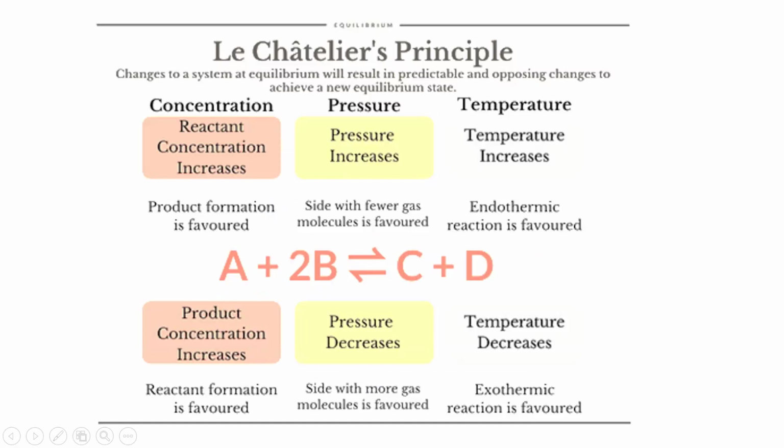In summary, in equilibrium, upon exerting a change, it will oppose the change. If the concentration of the reactants increases, product formation is favored in order to decrease the concentration of the reactants. Oppositely, if the product concentration increases, then the equilibrium will shift backward in order to decrease this added concentration.